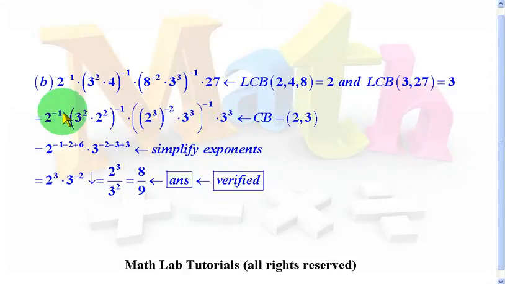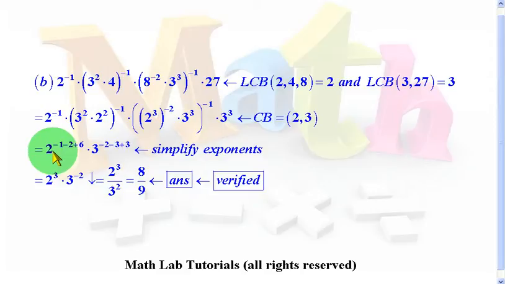Now you look carefully at the expression on the left, and we really do have only base 2 and base 3. And that's all we have to deal with, and we've done this before in the past as well. We're going to be dealing with one base at a time. I always choose the lowest base first, so the lowest base is base 2.